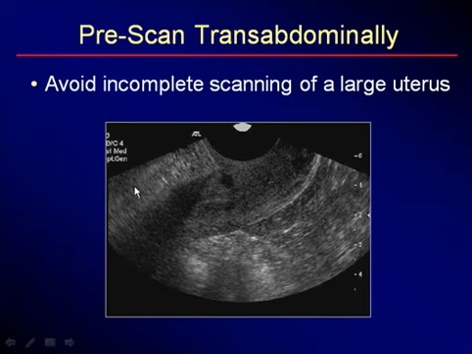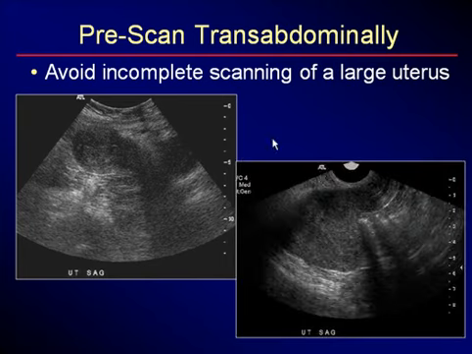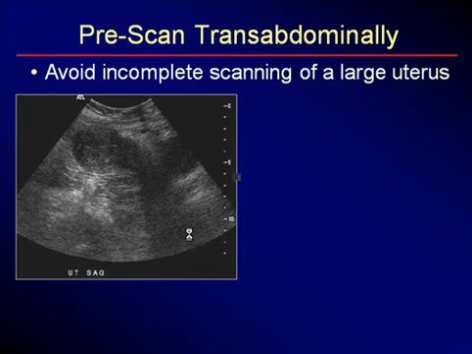Now here's another one. If you just did transvaginal, this looks like a somewhat small uterus. There seems to be an endometrial lining here, but this was actually a very long uterus on the pre-scan, and when we knew that, we were questioning this.